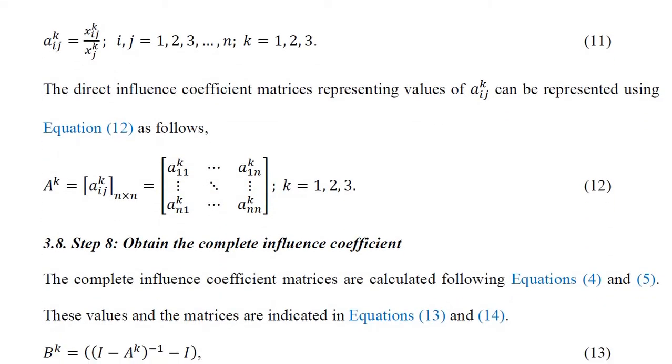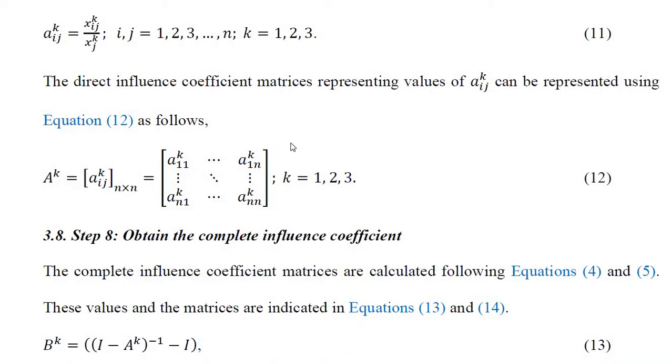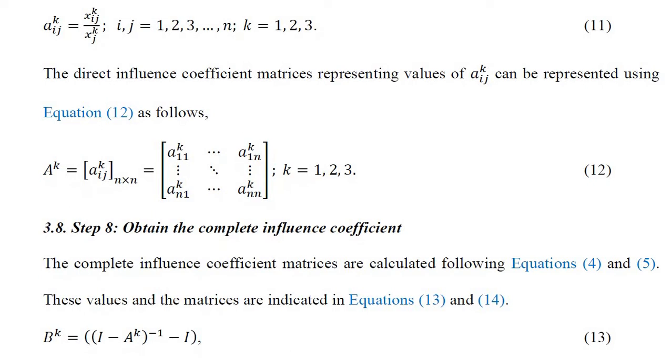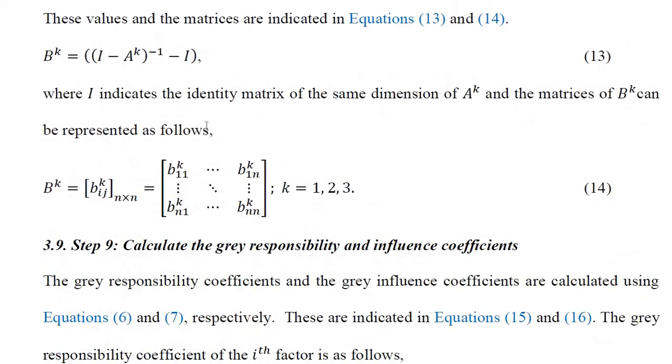We convert these values into the form of an A_k matrix, where k represents 1, 2, 3, which we can take as the ideal, critical and most typical models. So 3 different matrices are obtained from the direct influence coefficient. Now we already said we will be calculating the B gray number values. Here k is involved because 3 matrices are there.